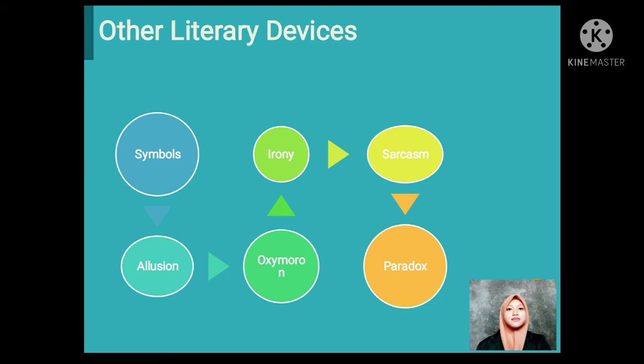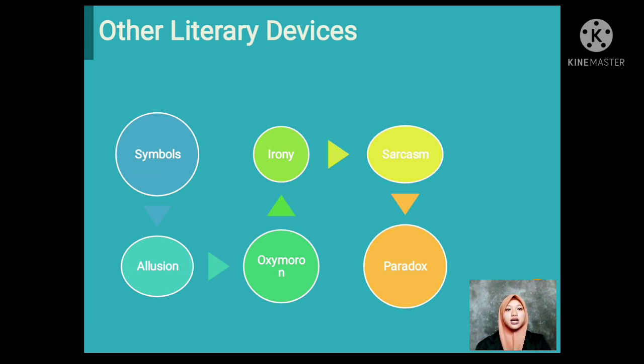Next is sarcasm. Sarcasm uses harsh words to hurt others and can take the form of ridicule. Sarcasm comes from the Greek words sark, which means flesh, and asmos, which means to tear.